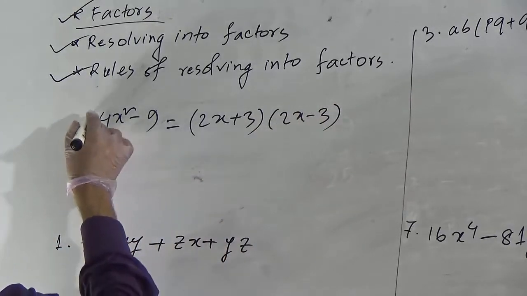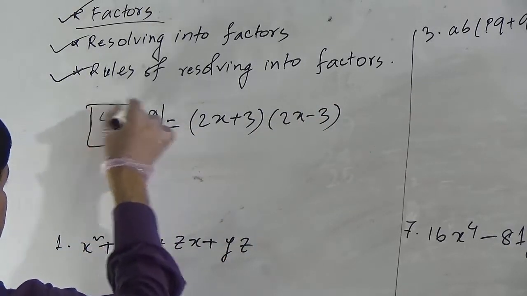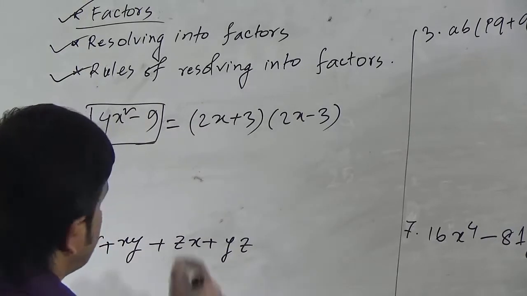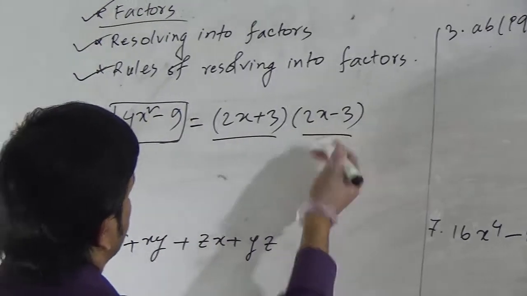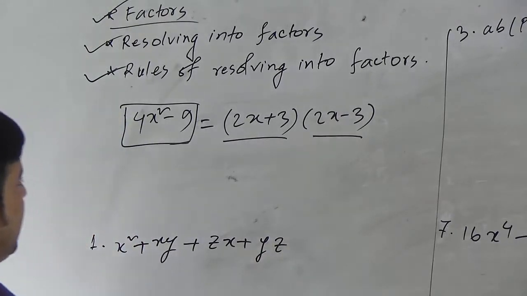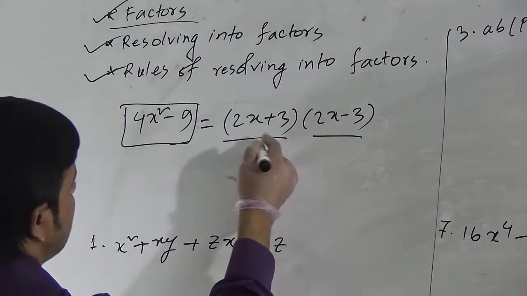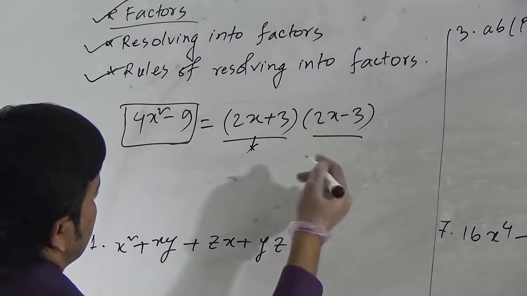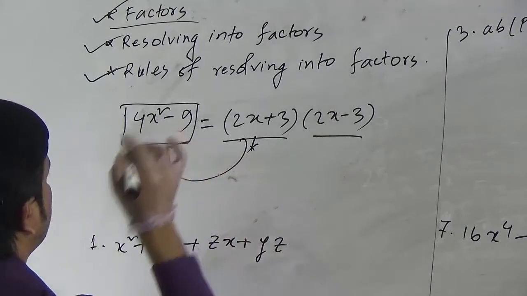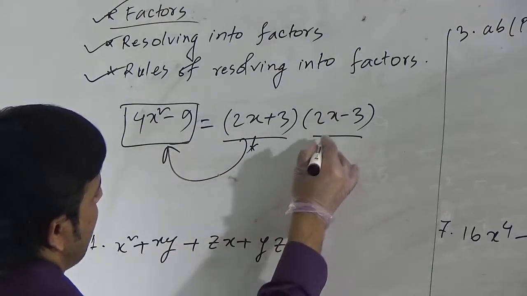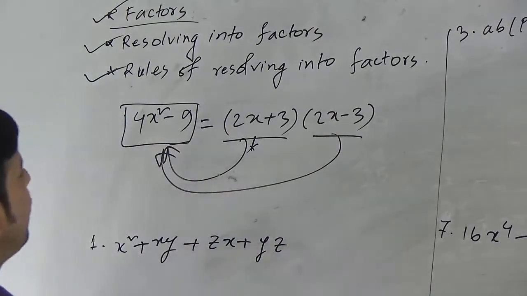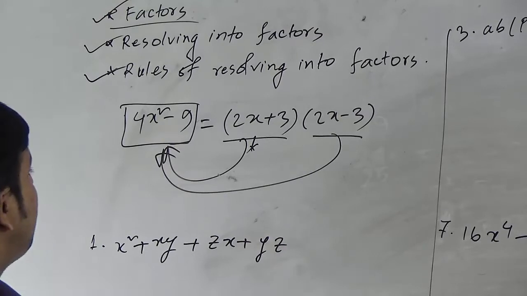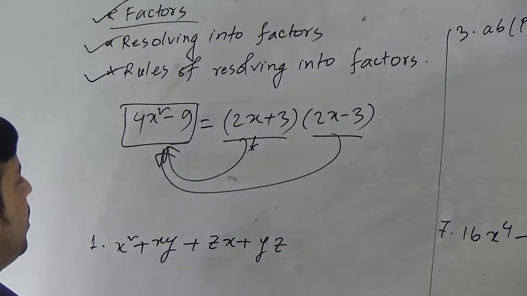It means that we can express 4x square minus 9 as product of 2x plus 3 and 2x minus 3. Here 2x plus 3 is a factor of 4x square minus 9 and 2x minus 3 is also a factor of 4x square minus 9.